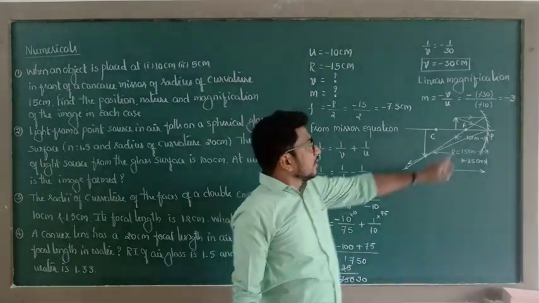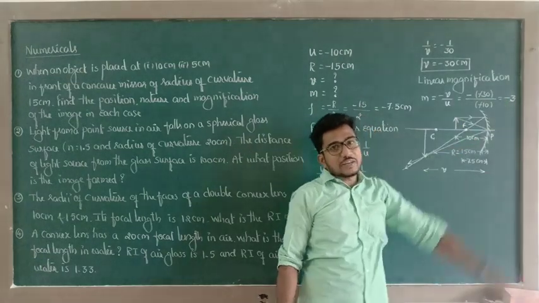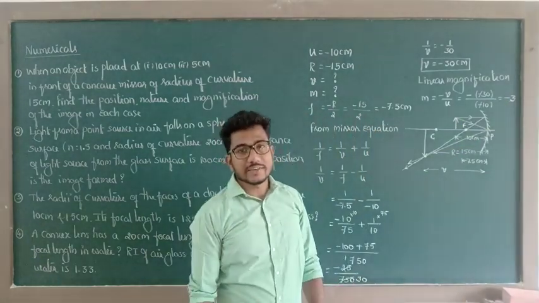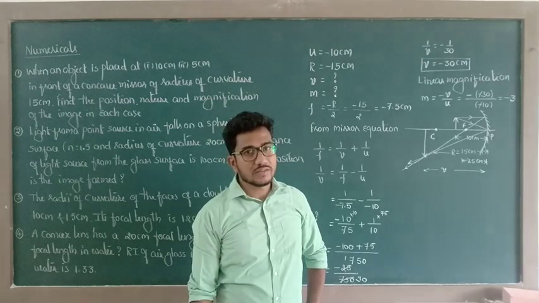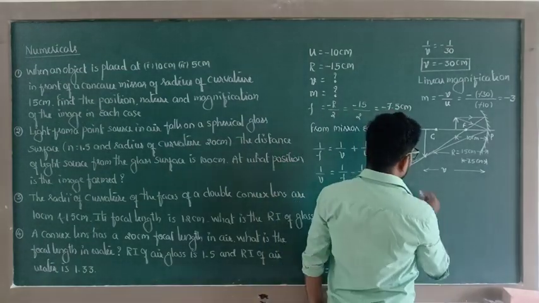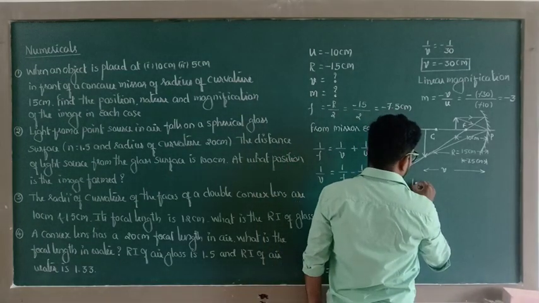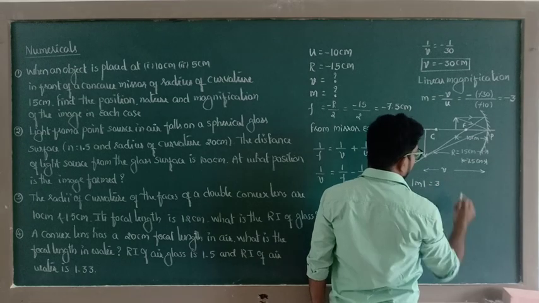So, here this negative sign represents image is real and inverted. If we consider the magnitude value of linear magnification, that is equal to 3.